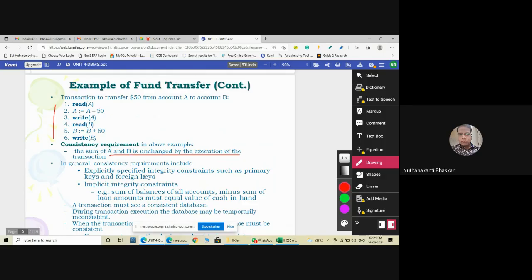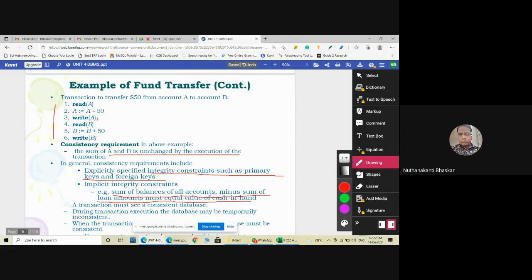In general, the meaning is explicitly specified integrity constraints such as primary keys and foreign keys, and implicit integrity constraints, such as the sum of balances of all accounts minus the sum of loan accounts must equal the value of cash in hand. Simple.